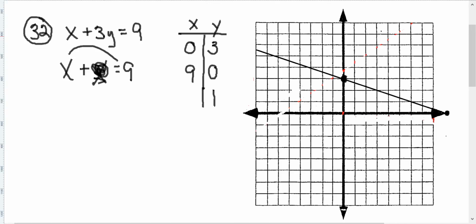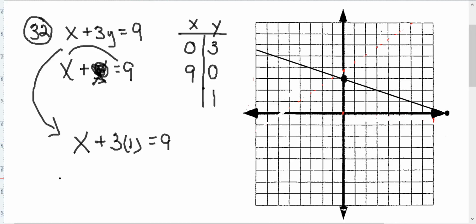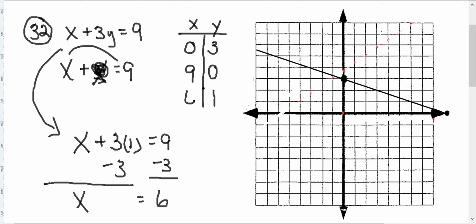I'm going to rewrite this down here as x plus 3 times 1 equals 9. 3 times 1 is 3, so I'll subtract 3 from both sides. And what I got: x, this is 0 now so that's gone, equals 9 minus 3 is 6. So when y is 1, x is 6.